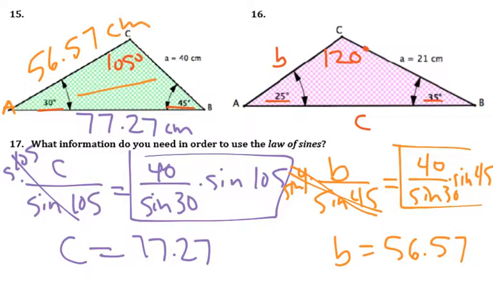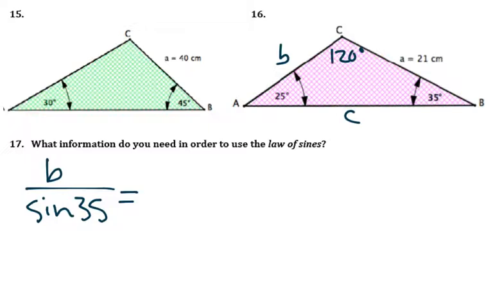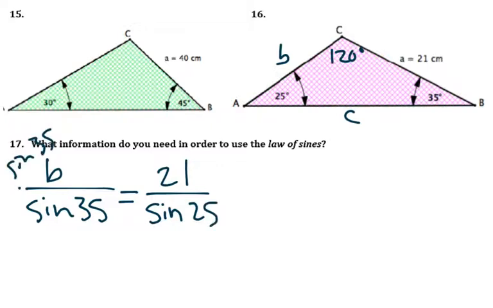There's 15. 16, same idea. Okay, we decided that that was 120. There's little c, little b. If I want to find b, it's b over the sine of 35 equals a, 21, over the sine of a, which is 25, times by the sine of 35 to each side.